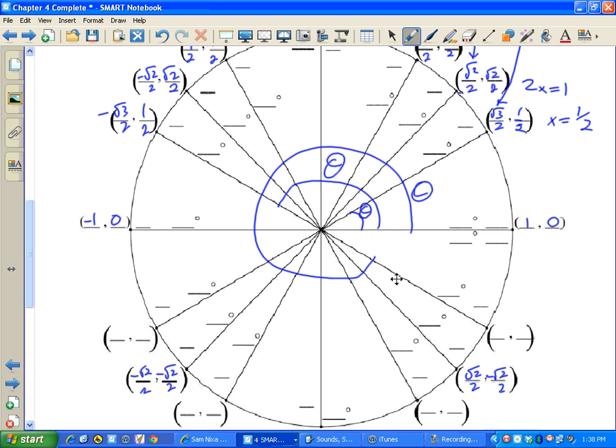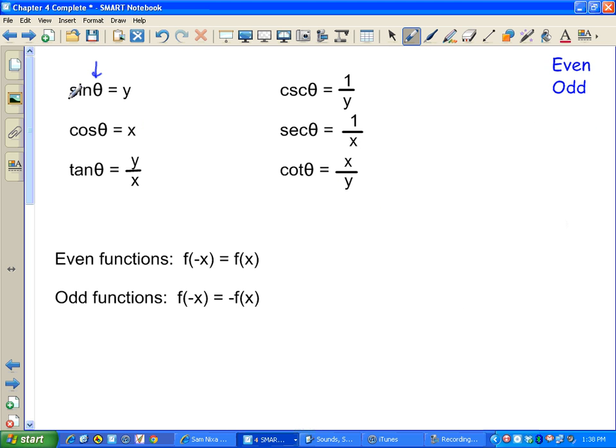That's theta. Now, that angle determines some different values, because it leads me to this point. If I want the sine value, the sine is the y value of the point. The cosine is the x value of the point. And the tangent is the y value divided by the x value.